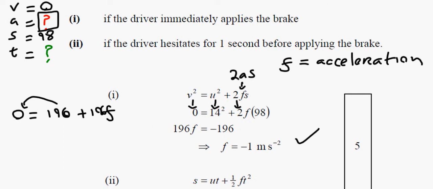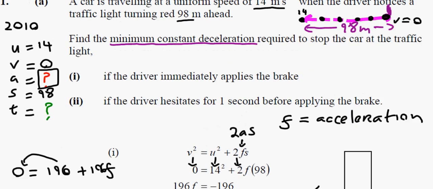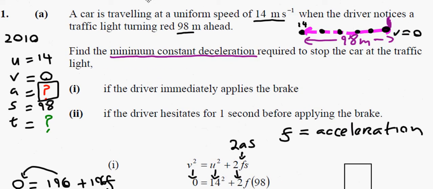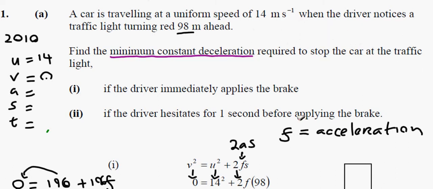Next question we're asked here is what if the driver hesitates. The driver is going to hesitate for a second before braking. So let's go back to our diagram. Instead of the 98 meters in the first question, this is what happens.